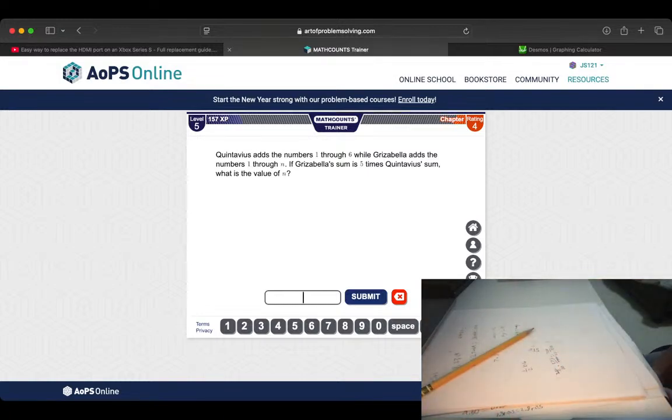Quintavious adds the numbers 1 through 6, while Grisabella adds the numbers 1 through n. Okay, so 1 plus 2 plus 3 plus 4 plus 5 plus 6.